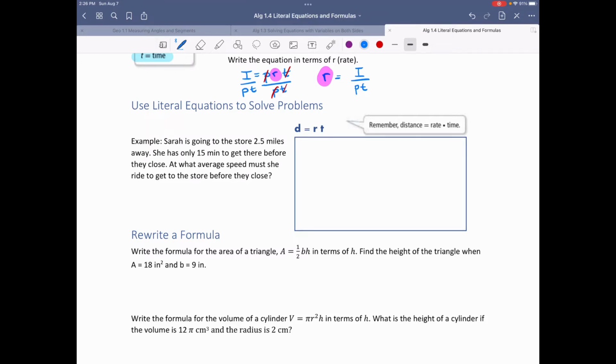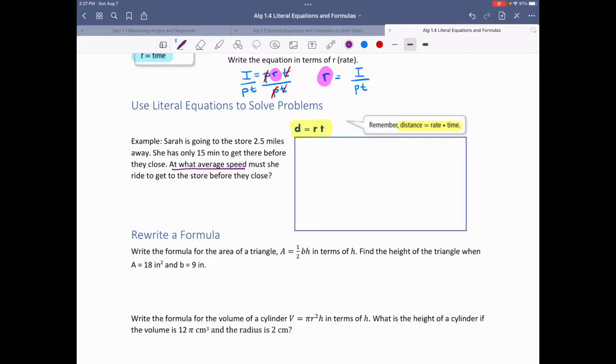We're going to use the distance equals rate times time formula. Remember that maybe from science? Distance equals rate times time. And since we want to know at what speed, the question asks at what average speed must she ride?